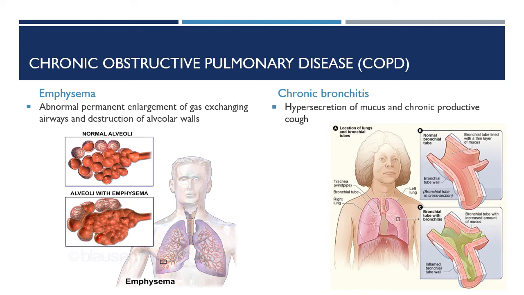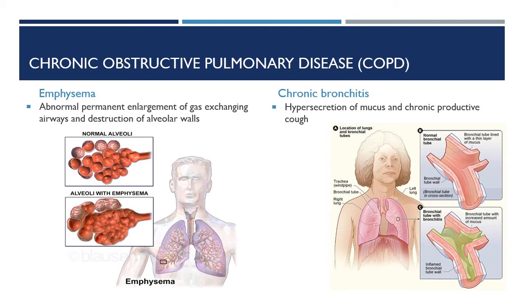And the other part of COPD is chronic bronchitis. And that is ongoing secretion and production of mucus and damage to the bronchial tubes, which results in a chronic cough. So a typical patient with COPD has a combination of both of these.